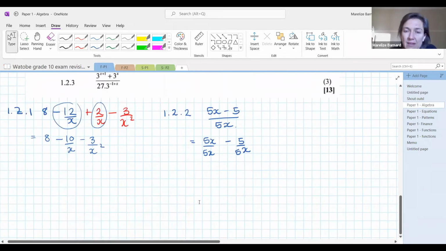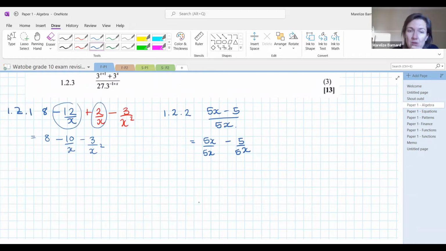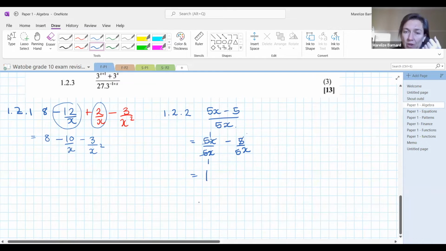And then cancel top and bottom. So 5x goes into itself once and into 5x once as well. If you divide 5x by itself, basically it is 1. And then here you have 5 going into itself once and into the other 5 once as well. So that's minus 1 over x.